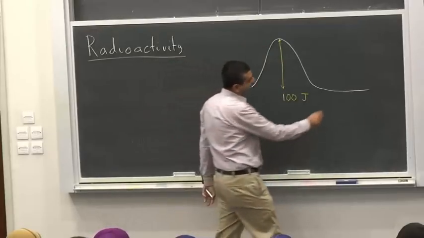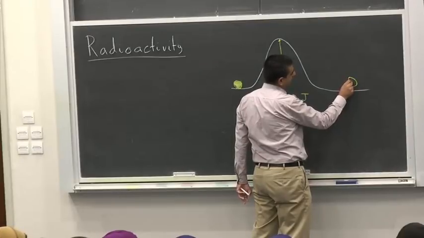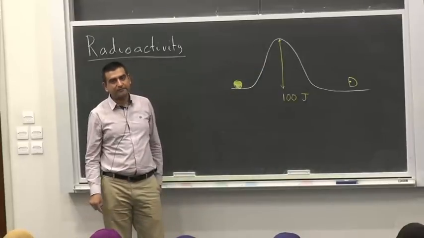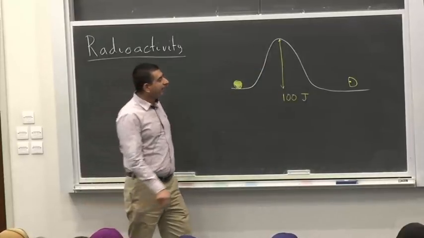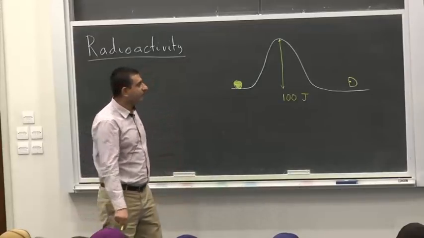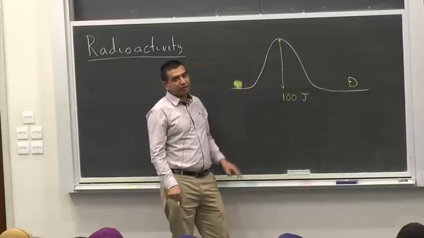Now there's an observer here. And this observer sees this object. And the object has to come from the other side of the mountain. And this observer has the capability to measure the energy of this object.